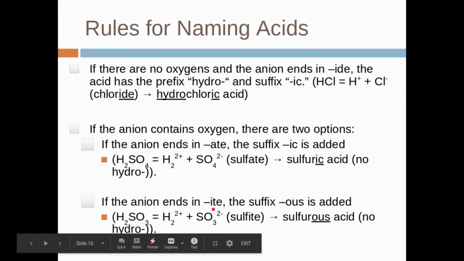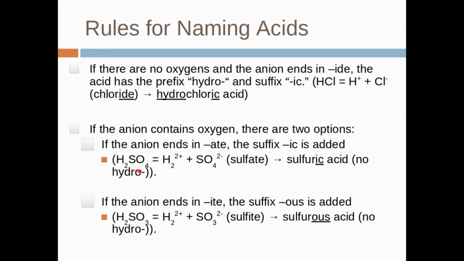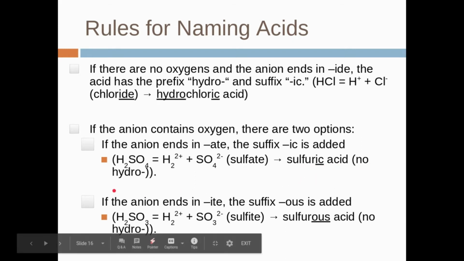If the anion ends in ITE, then we change the ending to OUS, and we still put no hydro. So H2SO4 is an example here. SO4 is the polyatomic ion sulfate. Since it ends in ATE, we change that ending to IC, and we get sulfuric acid. Remember, no hydro prefix.